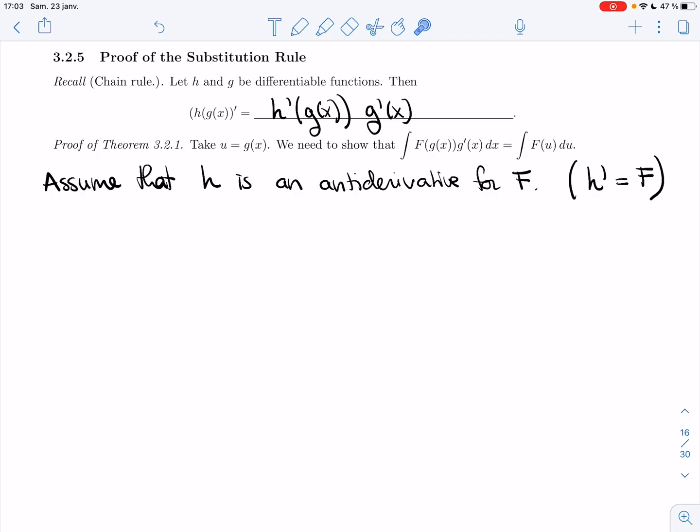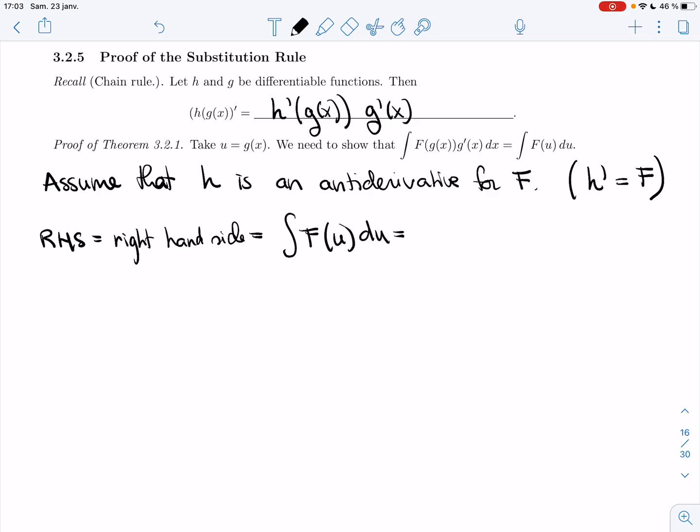Then I'm going to look at the two sides of this equation. Let's look at the right-hand side first. I'm looking at the integral of f of u.